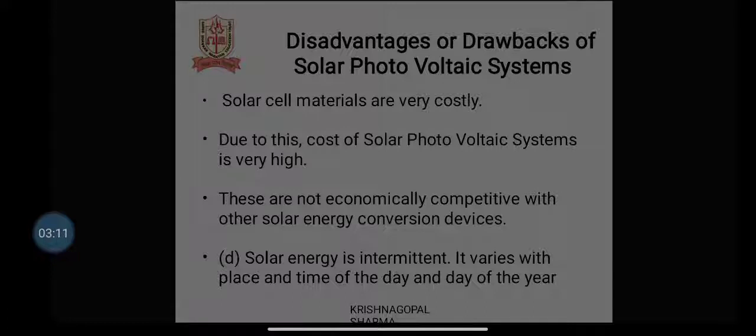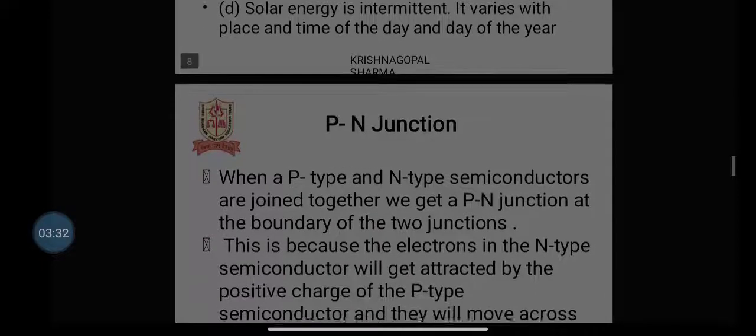Due to this, the cost of a solar photovoltaic system is very high. These are not economically competitive with other solar energy conversion devices. Solar energy is intermittent. It varies with place, time of the day and day of the year.